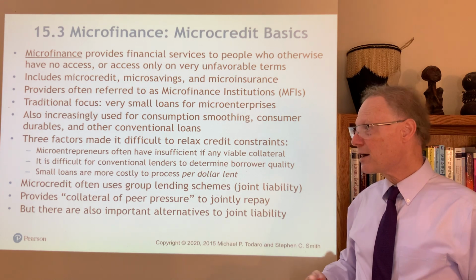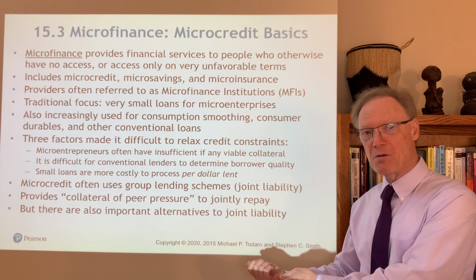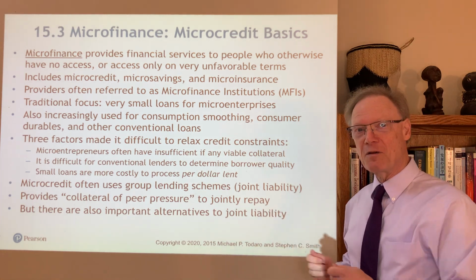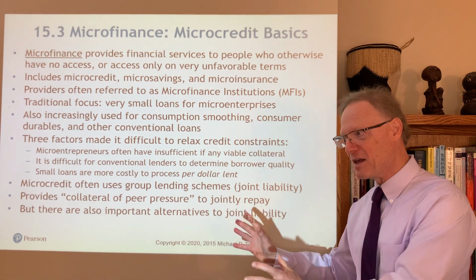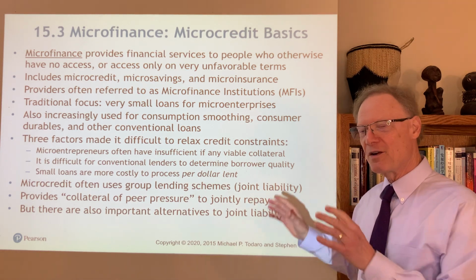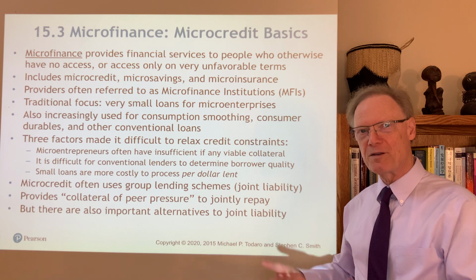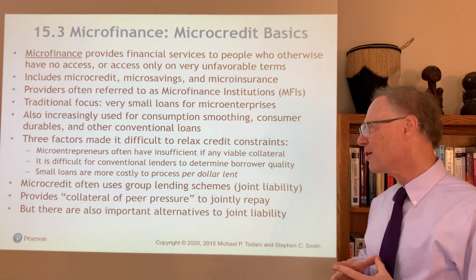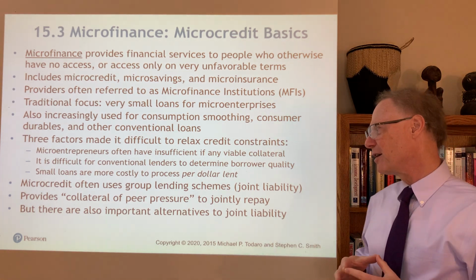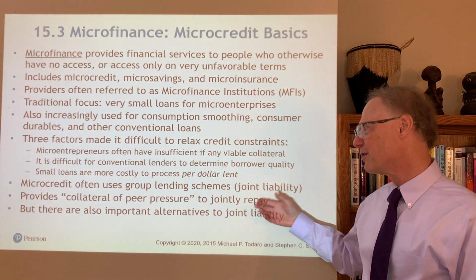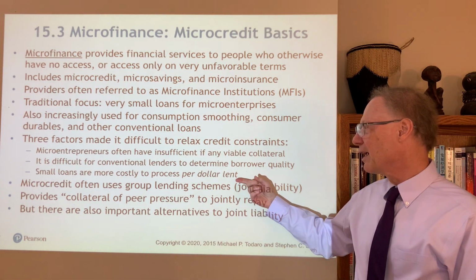You know that if one borrower is having a difficult time repaying, is thinking about perhaps defaulting, they're likely to get some strong social pressure from the others in the group who are otherwise going to be responsible for repaying the loan if there is a default. So that's of great significance as well.